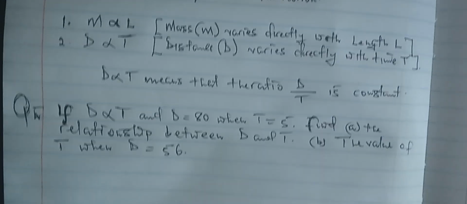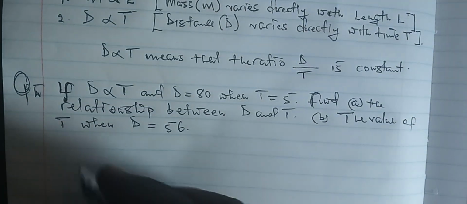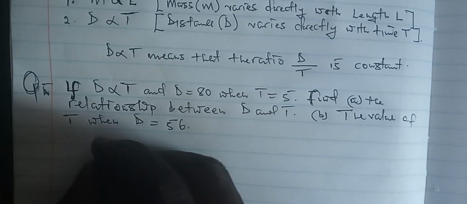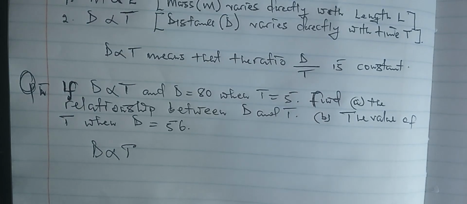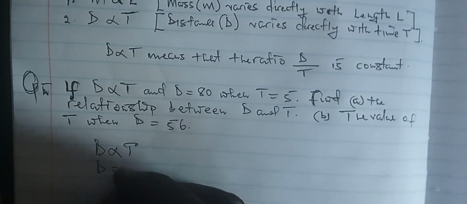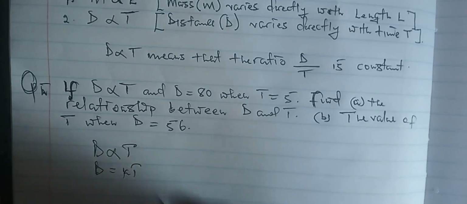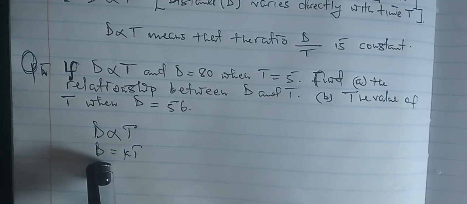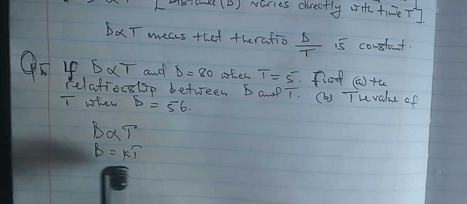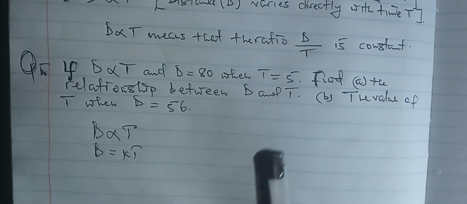So to solve this problem, we've got D varies with T. This implies that we introduce a constant, which is a small letter k. This implies that D will be equal to kT. Then to find the relationship of these parameters, we substitute D and T so that we find the value of k, which is going to give us the relationship between those two parameters.